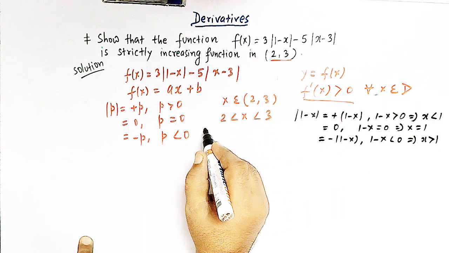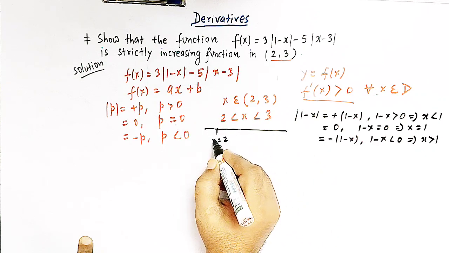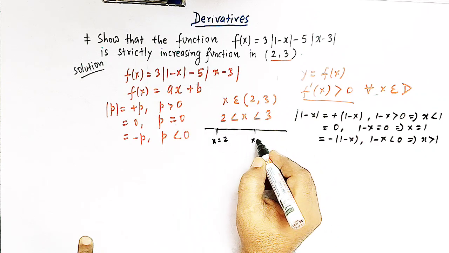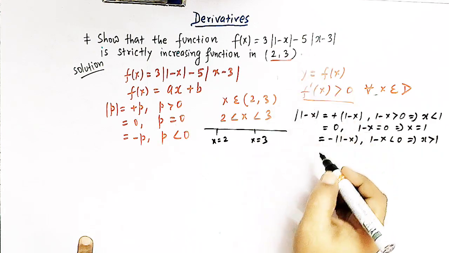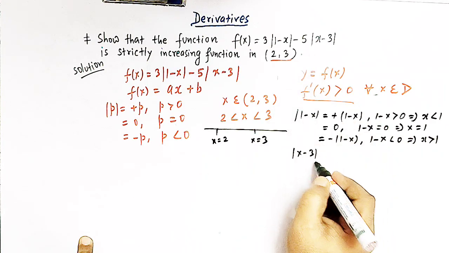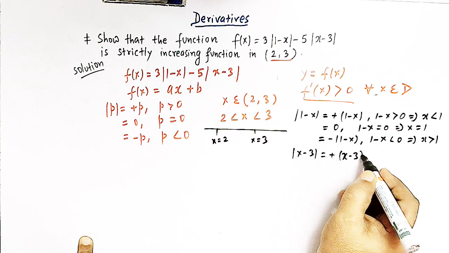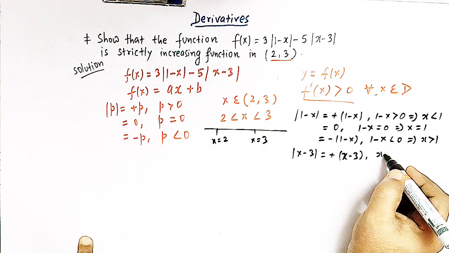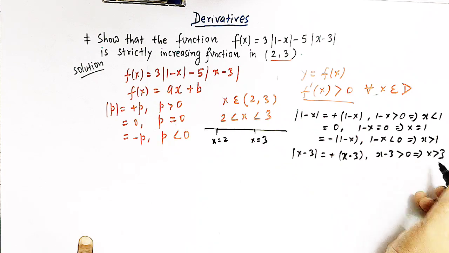Here we have x is equal to 2, and here we have x is equal to 3. And mod of x minus 3 can be written as positive x minus 3 whenever x minus 3 is greater than 0, that is x is greater than 3.